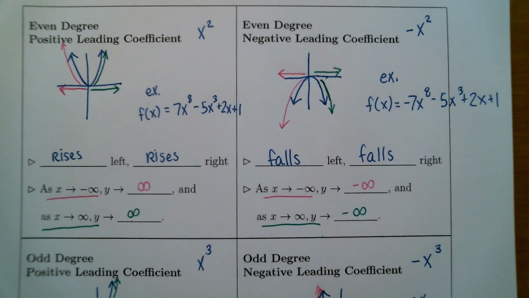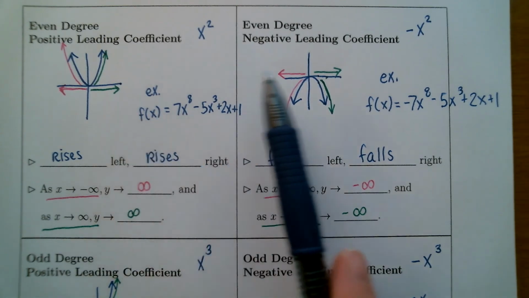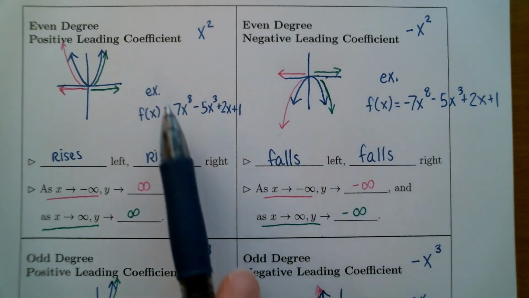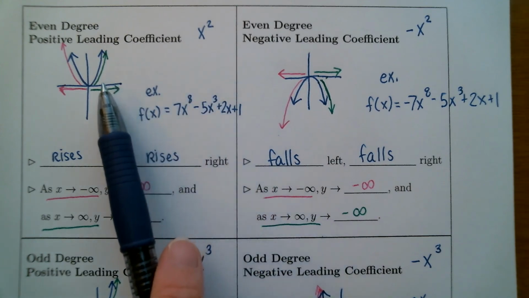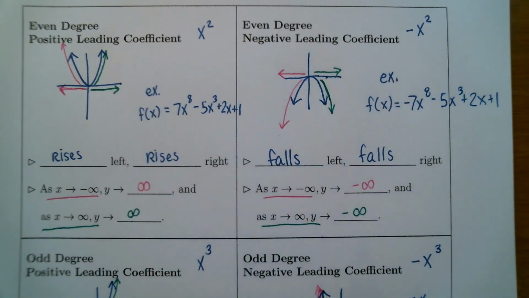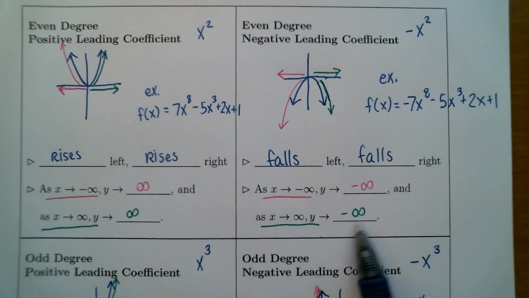You could memorize these rules if you wanted to, or you can just memorize the basic function associated with each one, and then just look to see if it's rising or falling to the left or rising or falling to the right. And you might want to do some practice with this mathy notation. But basically, you're just trying to see, if your x values are getting more and more positive or negative, what the corresponding y values are doing.